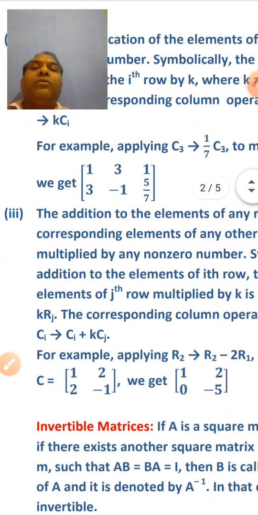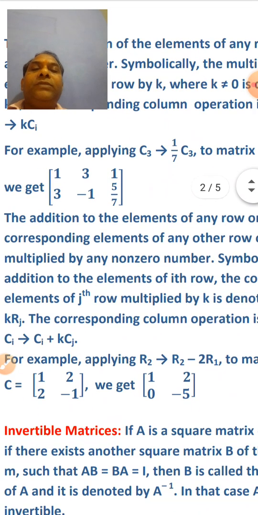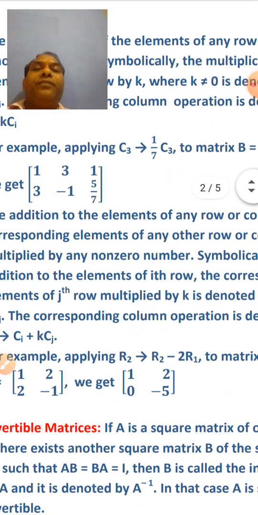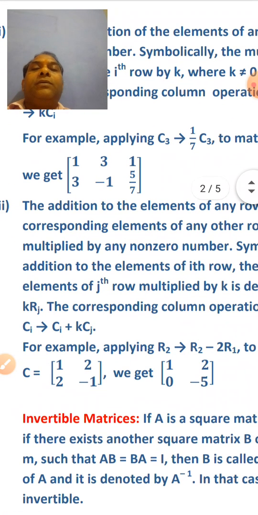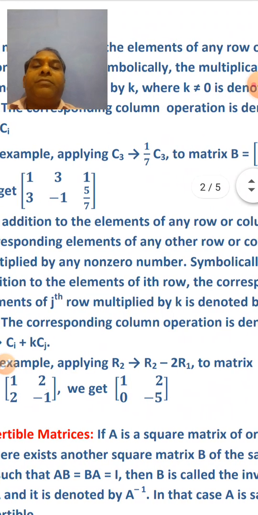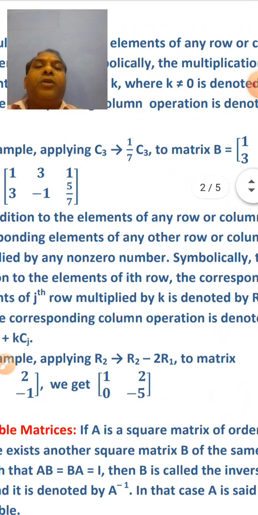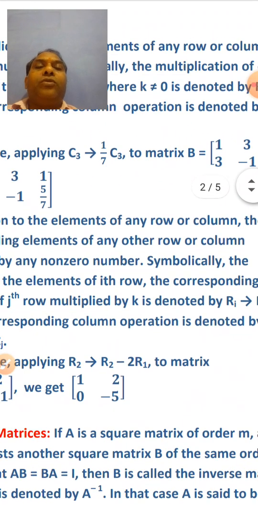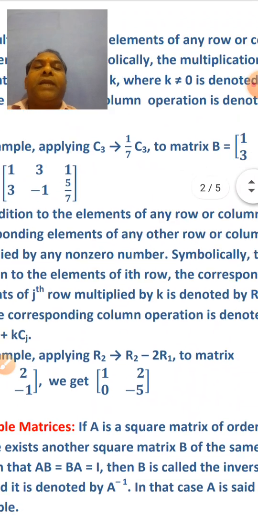Now, the third operation: the addition to the elements of any row or column, the corresponding elements of any other row or column multiplied by any non-zero number.